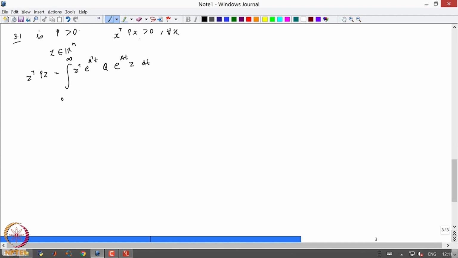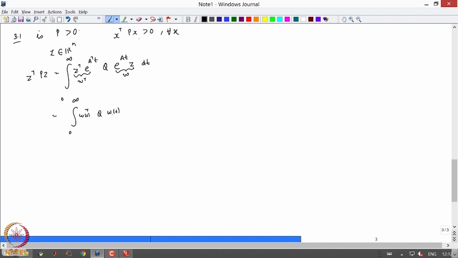Now, this is some vector, we will call it W, and then this therefore will be W transpose. Okay. I have the integral from 0 to infinity of some vector W transpose, this is again depending on time, Q W(t).